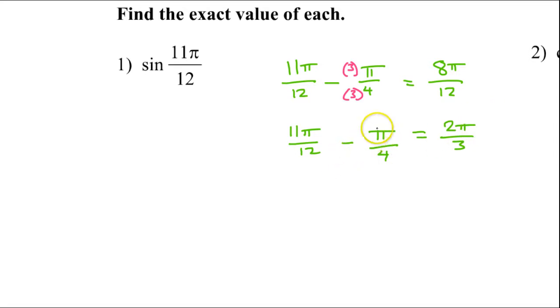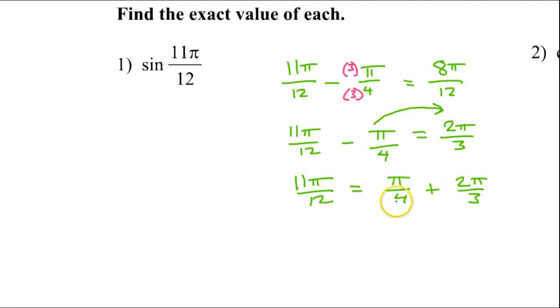Now, if I add pi over 4 to both sides, in other words, moving this to the other side of the equation, then what I'm left with is 11 pi over 12 is equal to pi over 4 plus 2 pi over 3. And this is what I need.